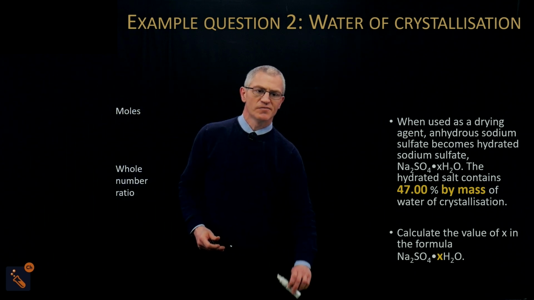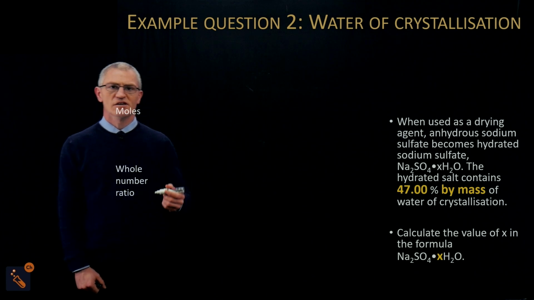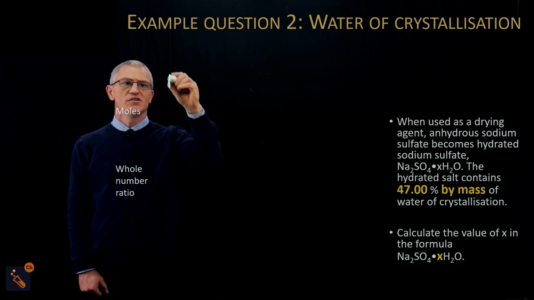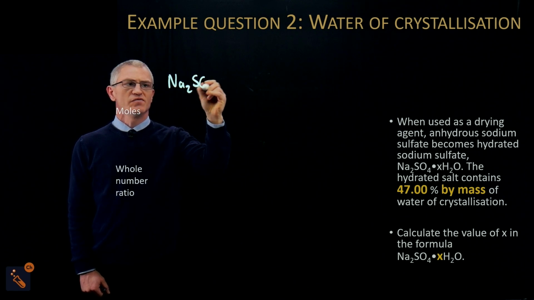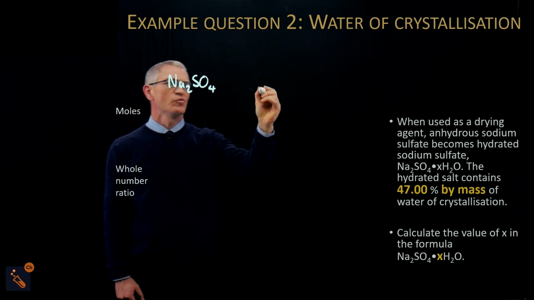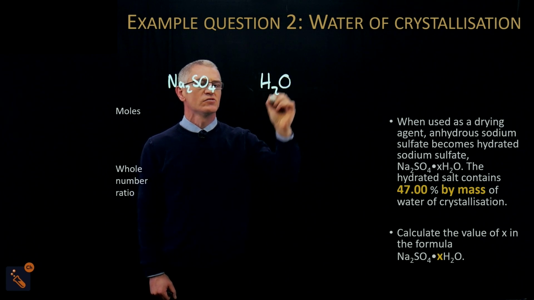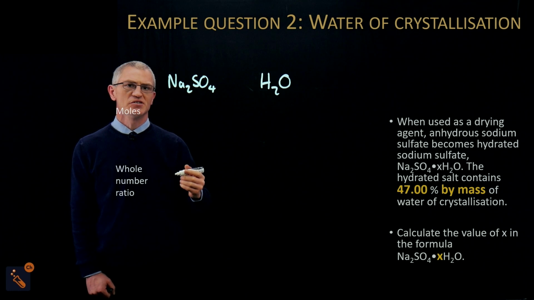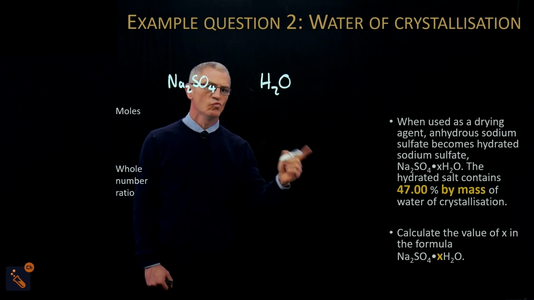So if we do that, we've got the sodium sulfate, and then we'll have the H2O. Then look across, we've got 47, so that means 47% is the water of crystallization.